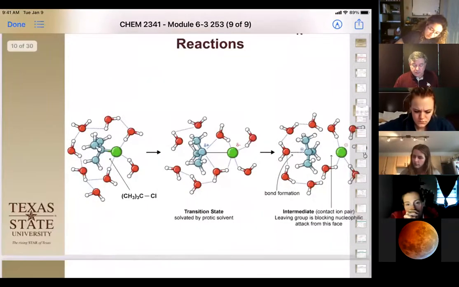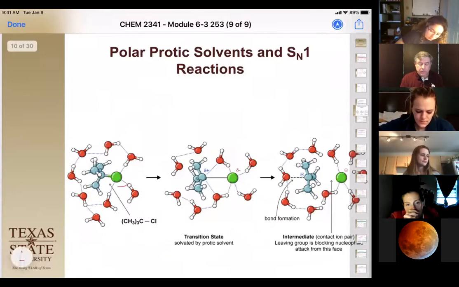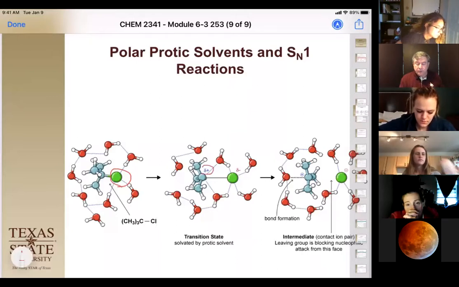Okay. So the key in our polar protic solvents here is it needs to, number one, start to hydrogen bond with our leaving group, helping to polarize the carbon-halogen bond. That makes it easier for it to leave. Now, as we're starting to form our positive charge on carbon, the other side of our molecule, in this case the oxygen, can start to stabilize that positive charge.